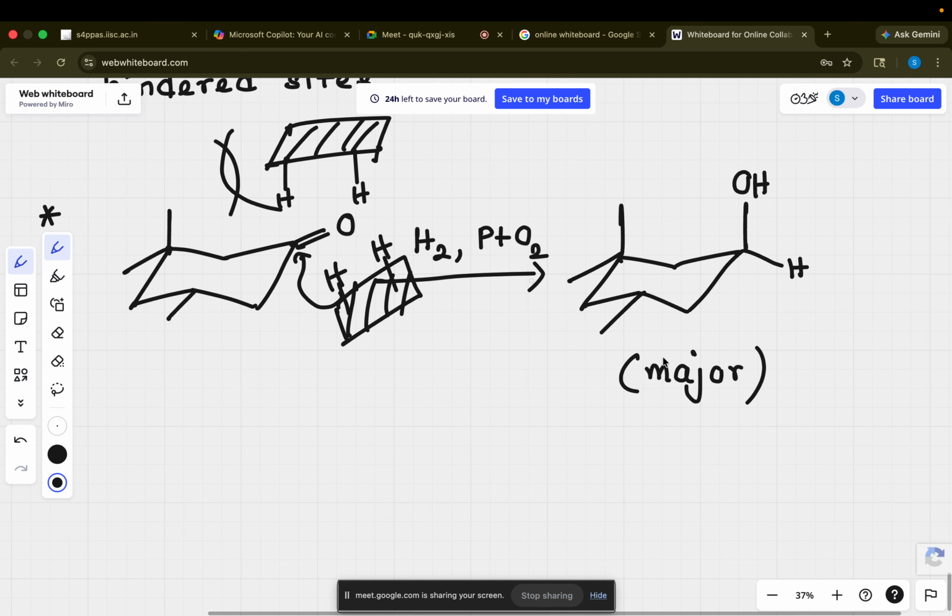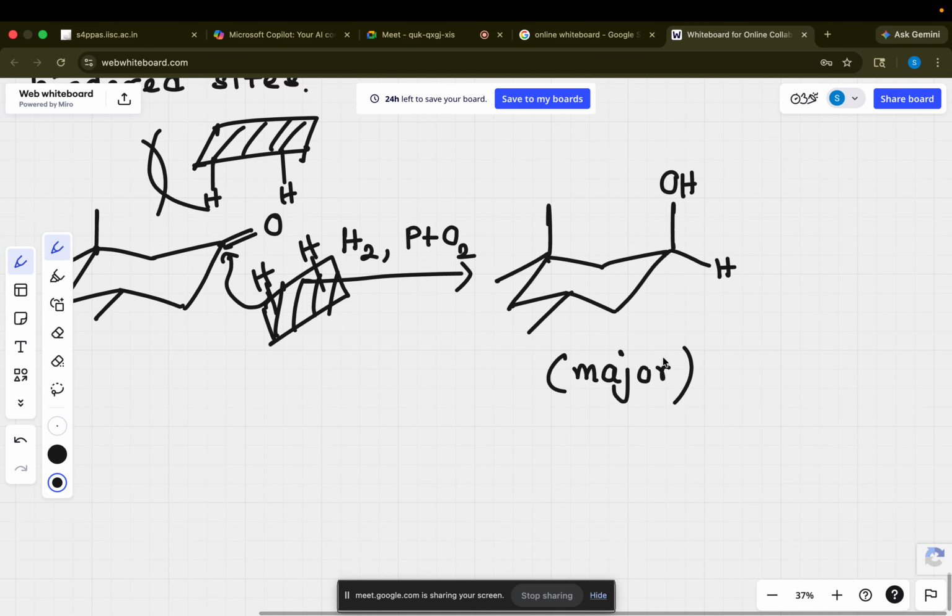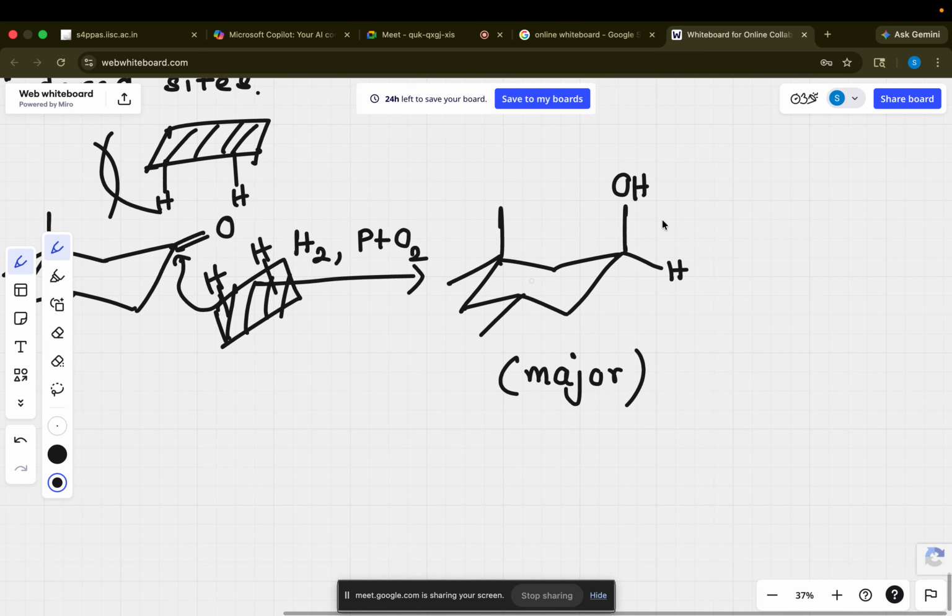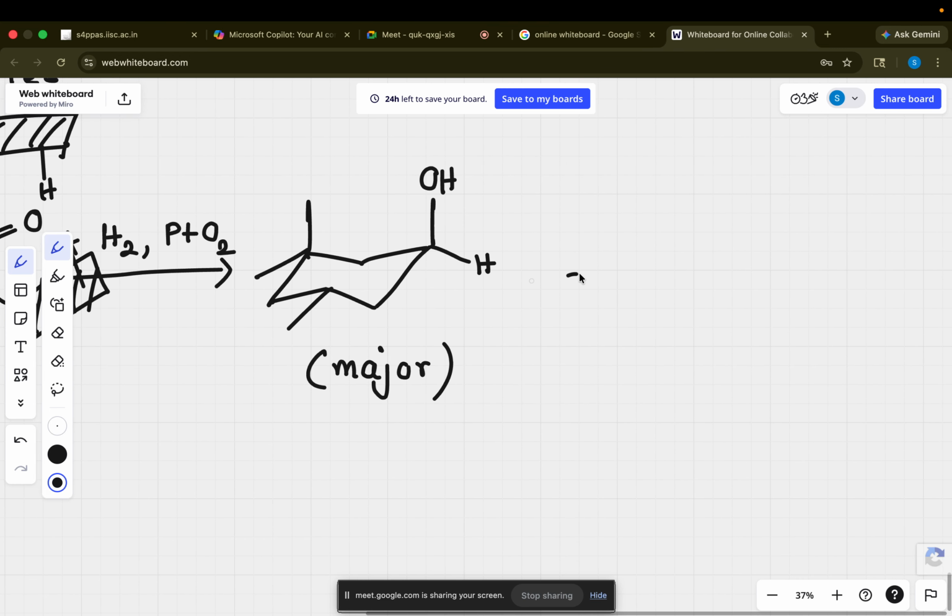Here also it is syn addition, but it will attack from the less sterically hindered side. This one is your major product, and the minor product will be like this.